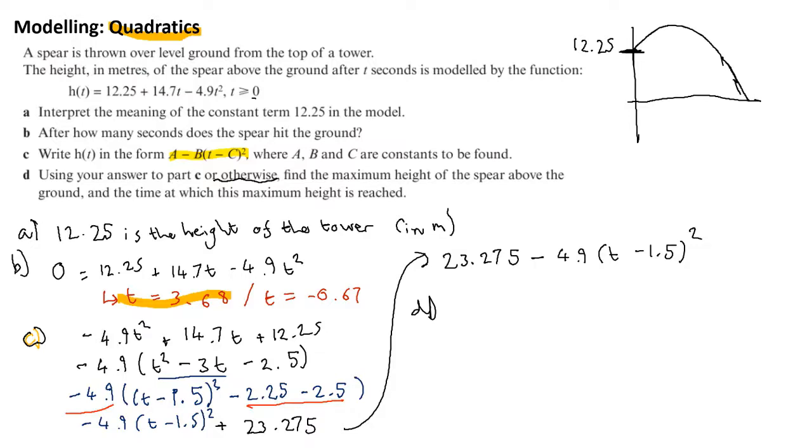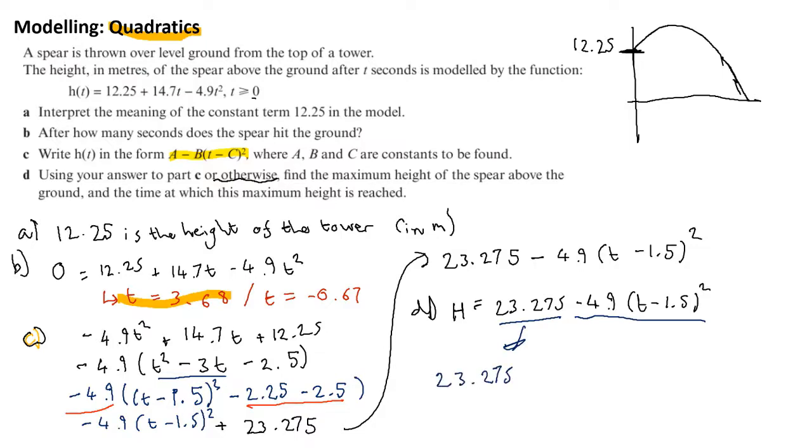So if we've got this, h equals 23.275 minus 4.9 times t minus 1.5 squared, the maximum height of the sphere is going to be this 23.275. Okay, because basically we can make this whole expression here equal to 0 when this whole expression here is equal to 0. The maximum height of the sphere is 23.275 meters.